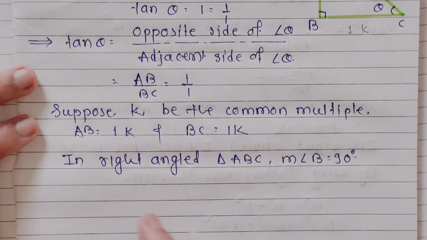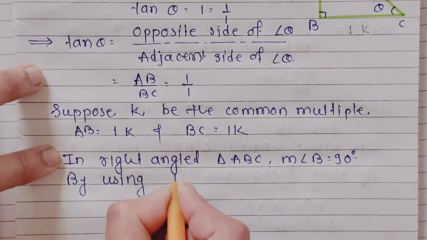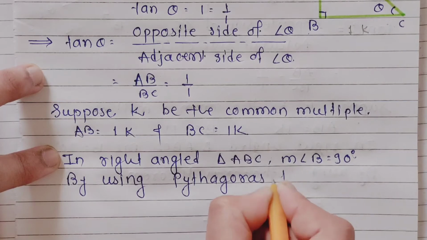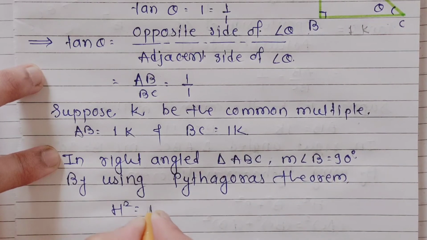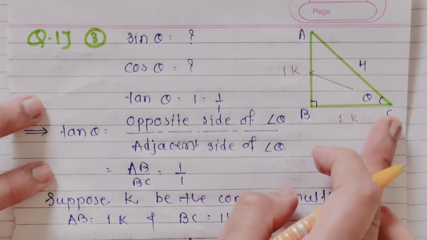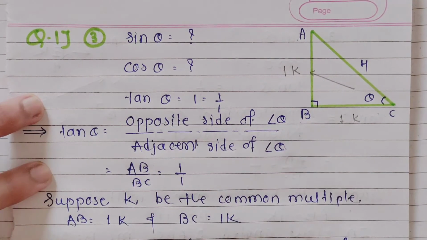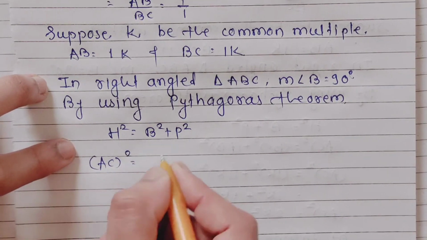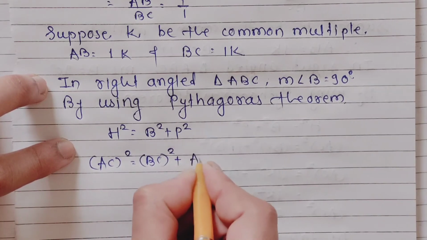By using Pythagoras theorem, hypotenuse square is equal to base square plus perpendicular square. See the figure? Hypotenuse square, that means AC square, is equal to base square, that means BC square, plus perpendicular square, that means AB square.